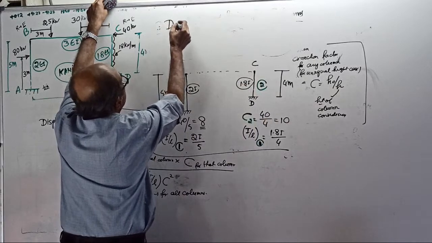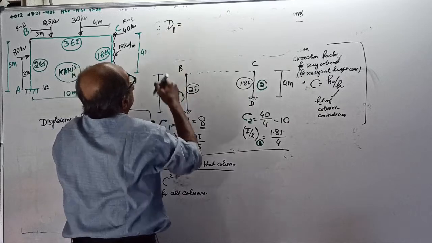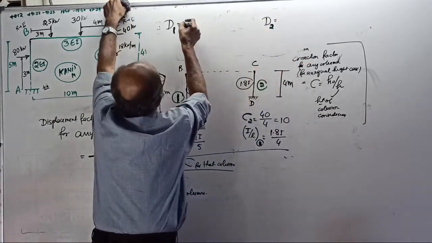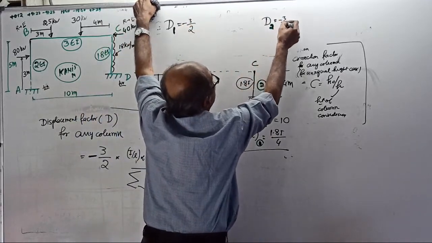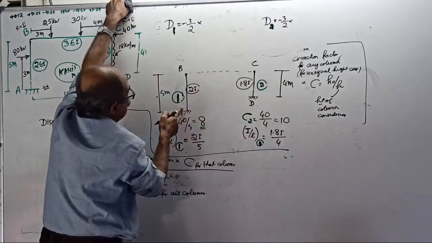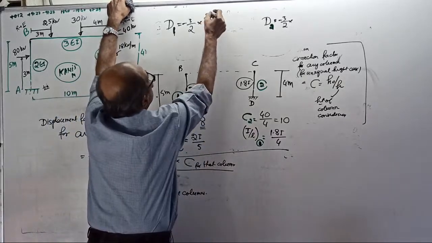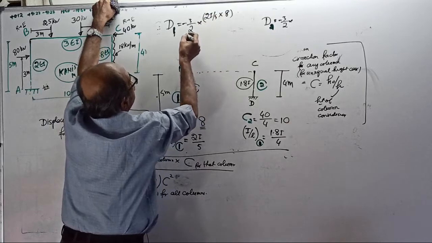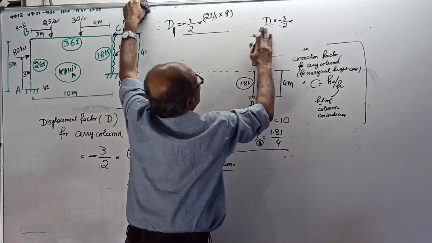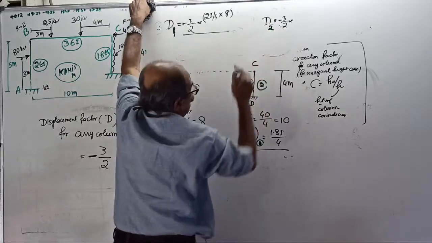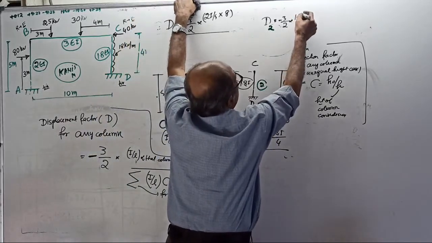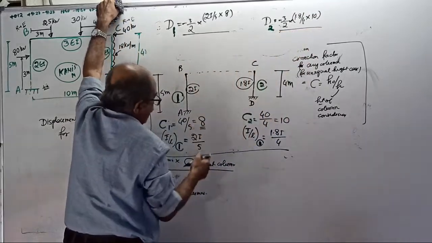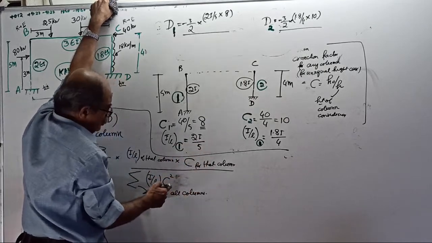Displacement factor for column 1, D1 equal to, and a little later, displacement factor for column 2 equal to minus 3 by 2, here also minus 3 by 2, into, for column 1, I by L of the column 2I by 5 multiplied by the correction factor for the column 8, divided by, here also, for the second column, minus 3 by 2 into I by L of the column 1.8 I by 4 into correction factor 10, divided by the common summation of I by L into C square.